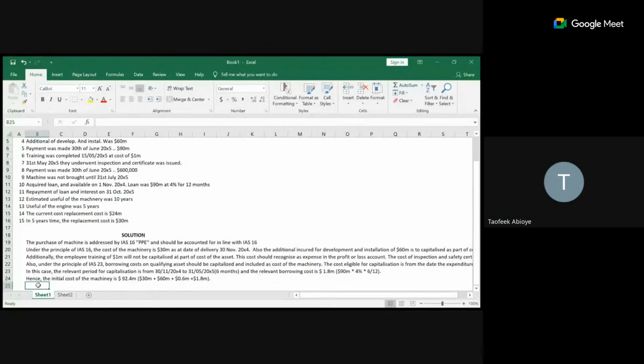So if you remember very well, the reason why we did not bring the machinery into use, is this as a result of our negligence, or is it a valid reason? Yes, it is valid because we didn't cause it. Economic uncertainty.